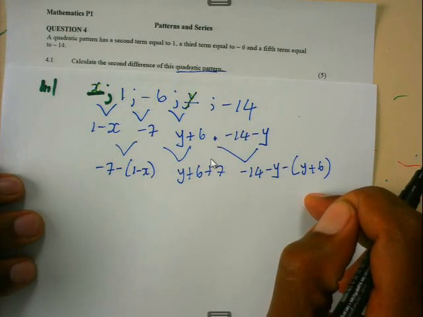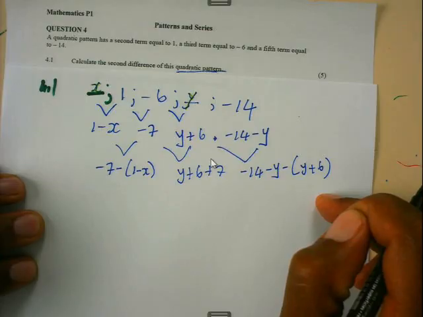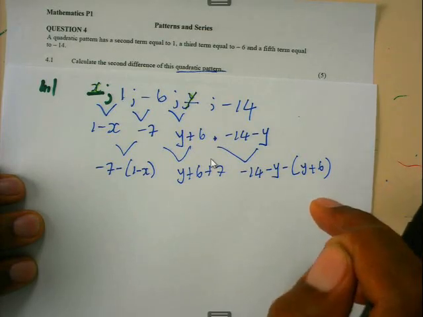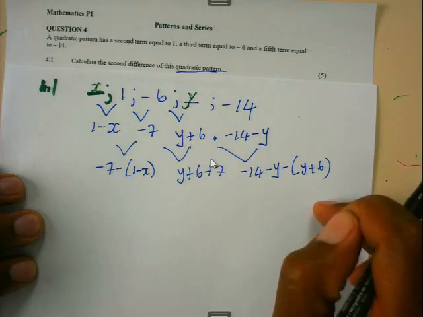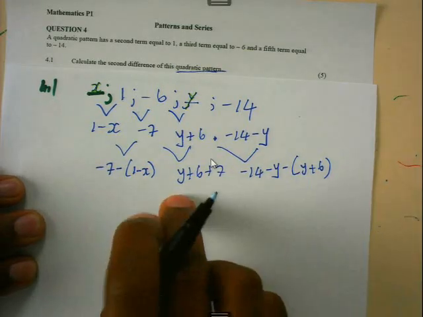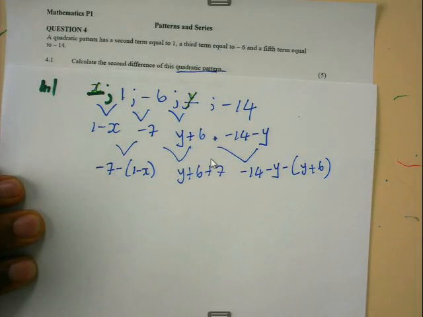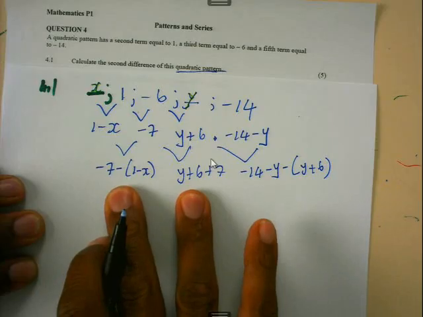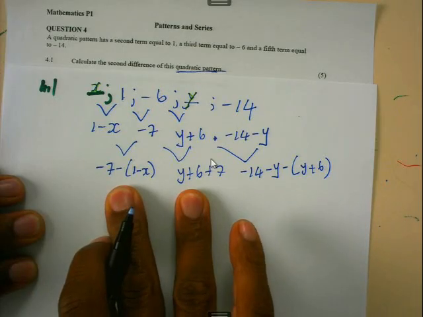But now the question is, what is it that you are going to do from here? Boys and girls, we said that in a quadratic pattern, the second difference is the same. Is that correct? Yes. It's very important, because I want to know what is the second difference. Now, I cannot take the first 2. Why? Because if I take the first 2, then I will have 2 unknowns, x as well as y.